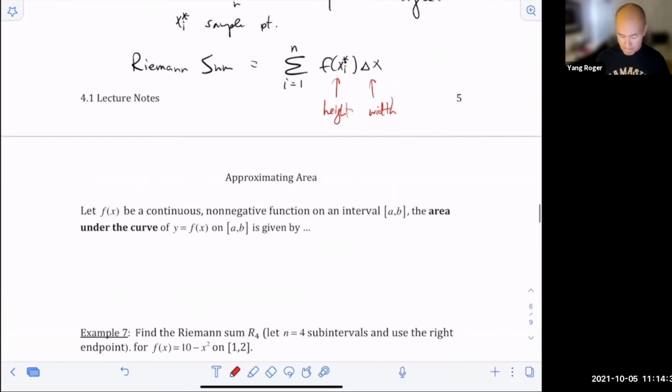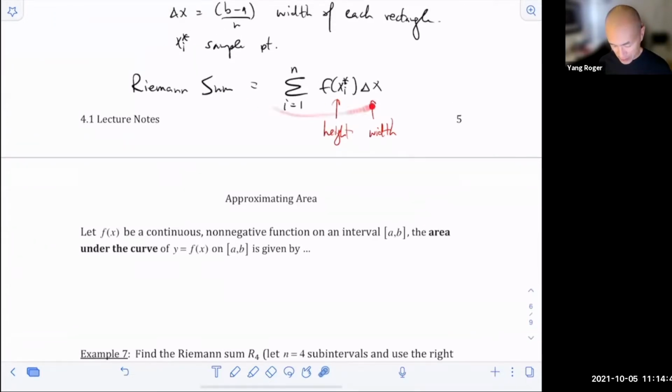The thing that I wanted to show you was this next point right here. This is an approximation for the area of a curve, but how do you find the exact area of the curve? So this is an approximation of the area.